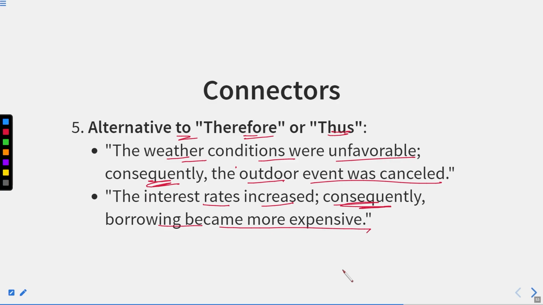Consequently, borrowing became more expensive. Now, we can also use therefore and thus in place of consequently. I can write the sentence like: the weather conditions were unfavorable, therefore the outdoor event was cancelled, or thus the outdoor event was cancelled, hence the outdoor event was cancelled, as a result, the outdoor event was cancelled. So all these phrases can be used interchangeably.